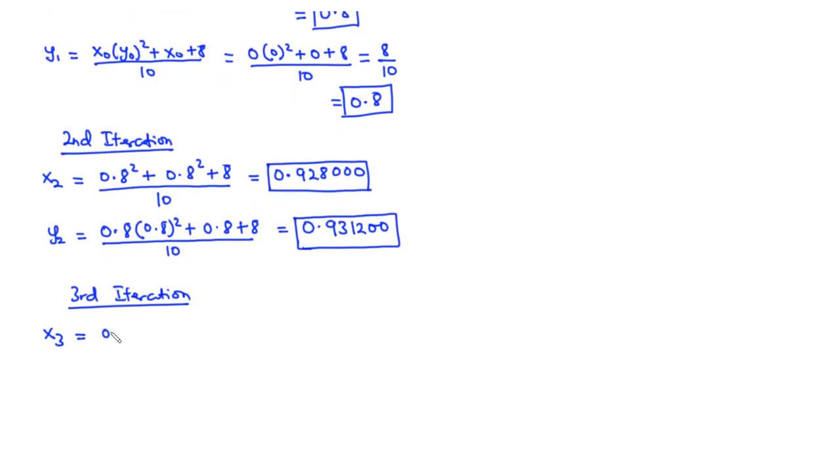So x2 is 0.928, so the square of this, plus y2 square 0.9312 square. Now I'm just leaving out the zero so that we can at least make some space for ourselves, but then in the final answer, make sure you have the zeros attached to the values in here. So we have 0.928 square plus 0.9312 square, and then plus 8, so all divided by 10.